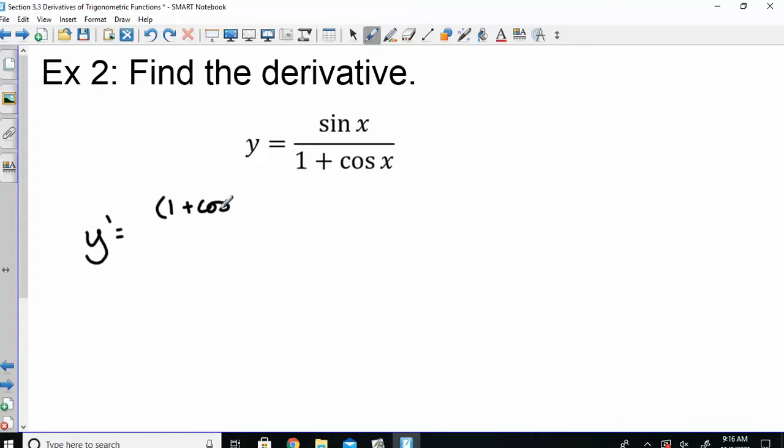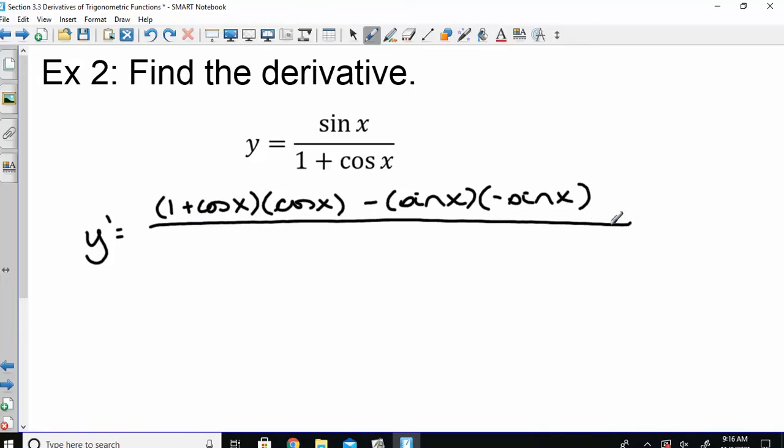Quotient. So that's low D high, derivative of sine is cosine. Minus high D low, derivative of 1 plus cosine x. Negative sine x. Over low squared.